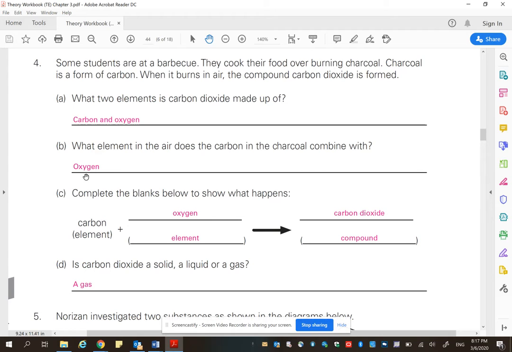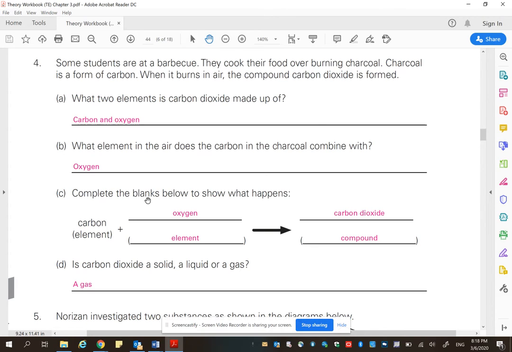Carbon only reacts with oxygen in the air. Carbon will not react with nitrogen in the air, because the air contains not only oxygen but also hydrogen, nitrogen, water vapor and dust particles. So carbon will only react with oxygen and give carbon dioxide, which is a compound.